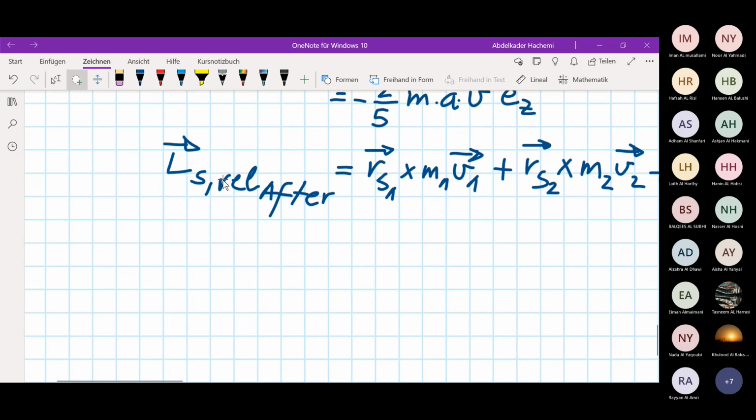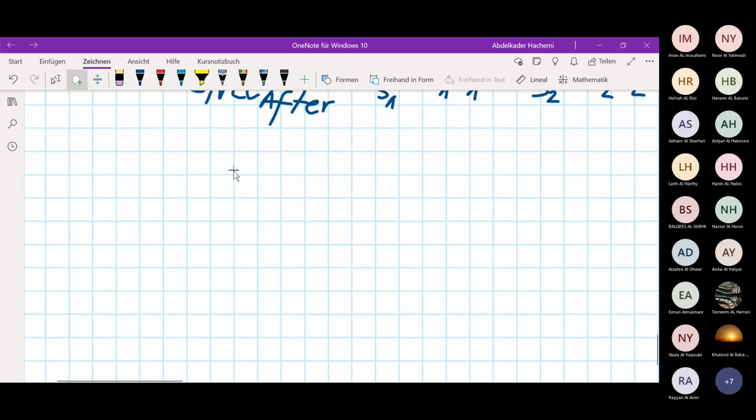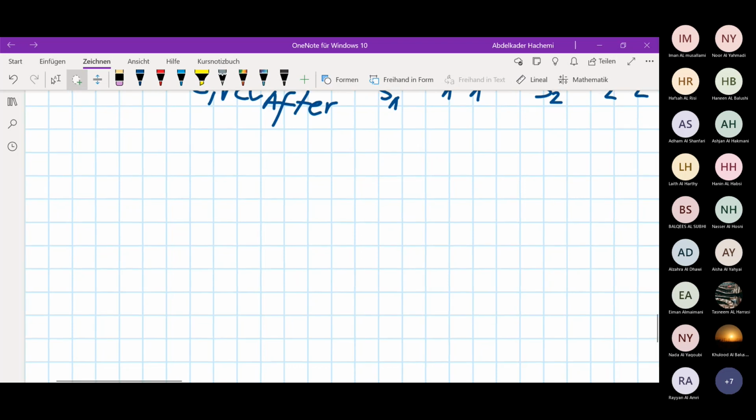Then we get here, I will make it more in detail.